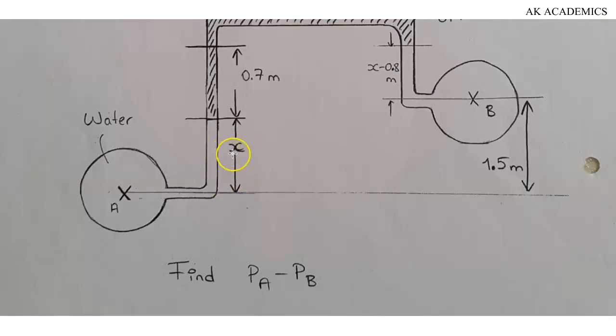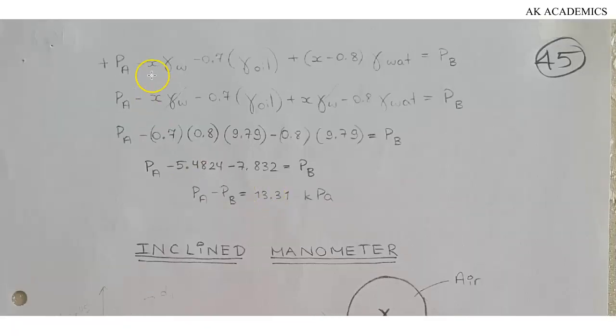Pressure of water based on this height will be equal to specific weight of water multiplied by the height of water. Height of water is X, specific weight of water, we know it. So this will be minus X times specific weight of water. That will be the pressure due to this height. And that's why we have minus X multiplied by specific weight of water here.